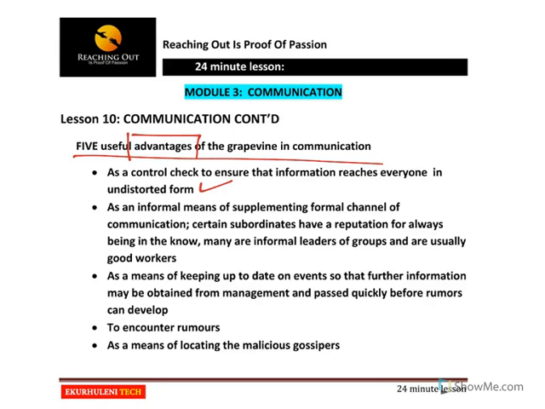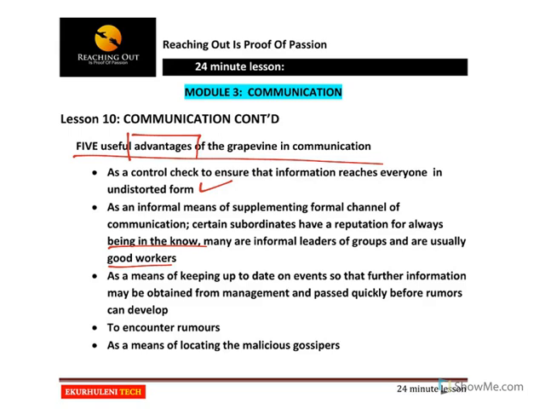Many are informal leaders of groups and are usually good workers. What they're trying to say here is that usually the management uses the grapevine to give information to these informal leaders. These informal leaders then are the ones who usually spread out the word as if it were rumors, but this case is not rumors, it is the grapevine.